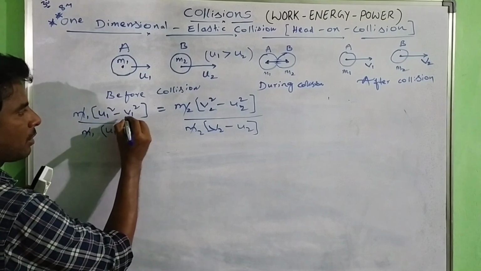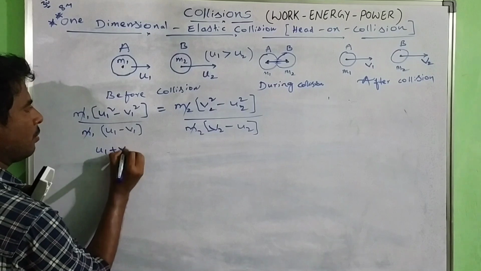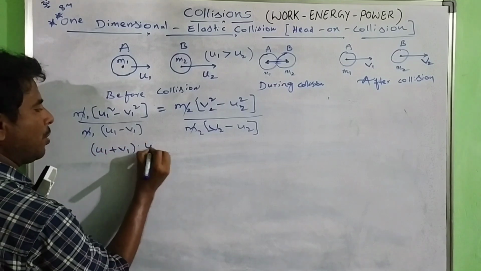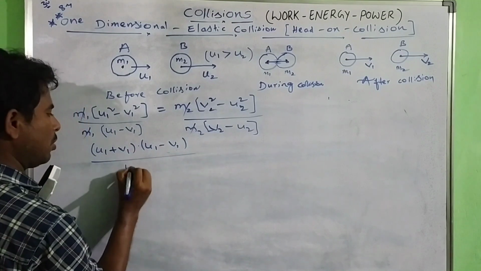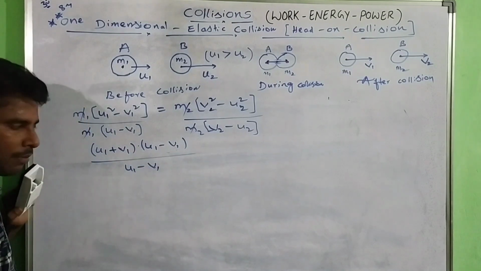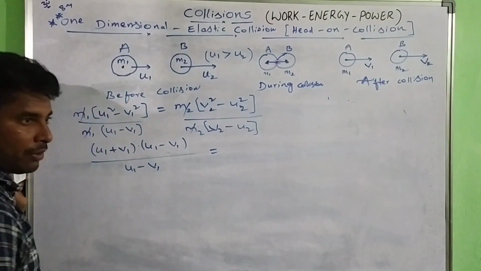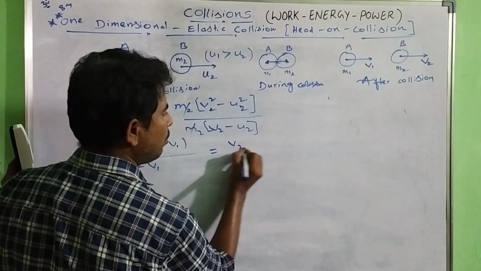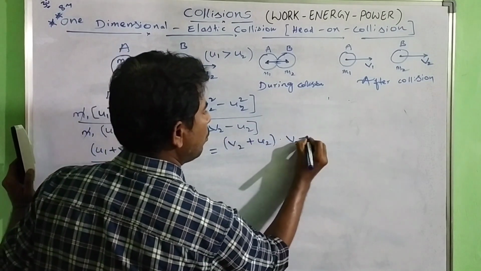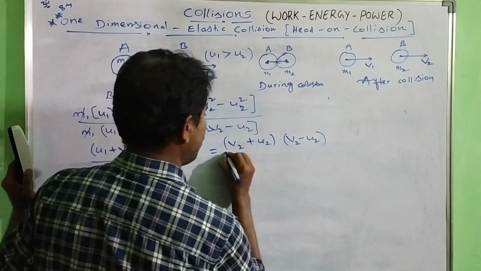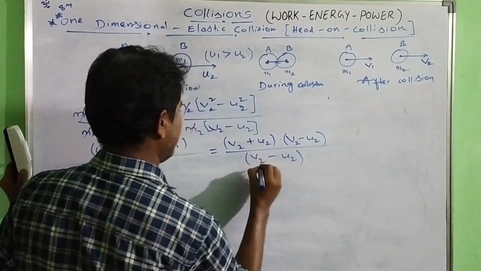So u1 square minus v1 square equals u1 plus v1 into u1 minus v1, divided by u1 minus v1, and v2 square minus u2 square equals v2 plus u2 into v2 minus u2, divided by v2 minus u2.